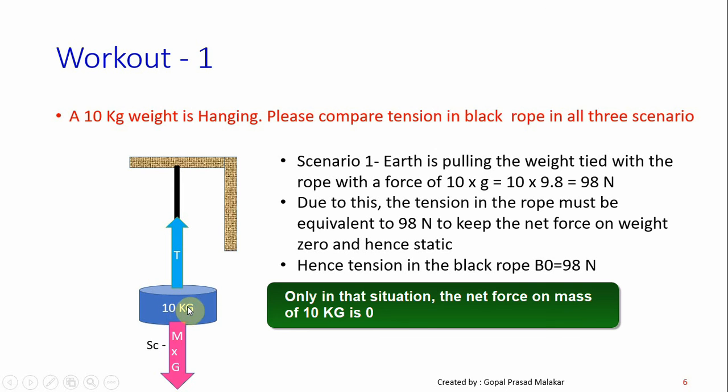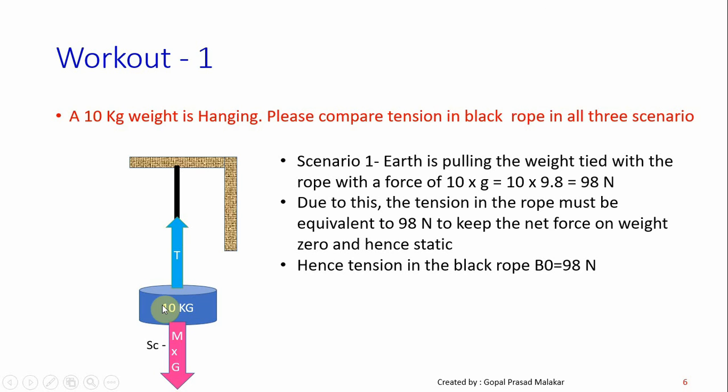Now think of it this way: if this wire is pulling this particular object by 98 Newton, it means this weight is pulling the rope. What is the action of this particular blue object? This weight will be pulling this whole stuff down at 98 Newton, and the reaction of that particular rope is that it is pulling 98 Newton upward.